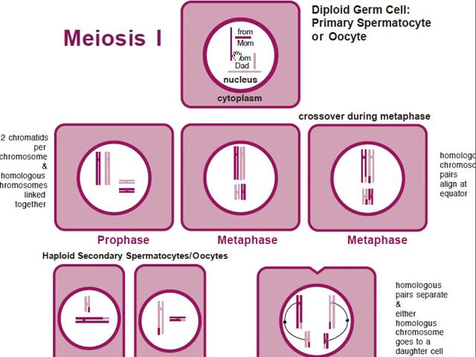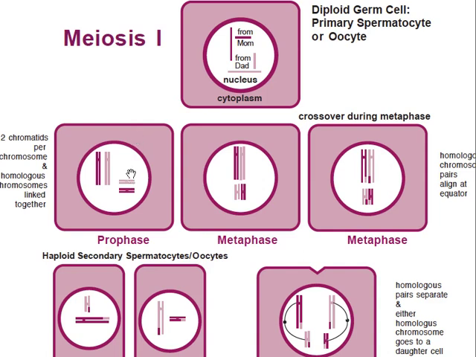Following a synthesis phase, we begin prophase of meiosis 1 with still four chromosomes, but each now has been synthesized, so we have two chromatids per chromosome. And the thing that's unique about meiosis is the fact that these chromosomes pair up.